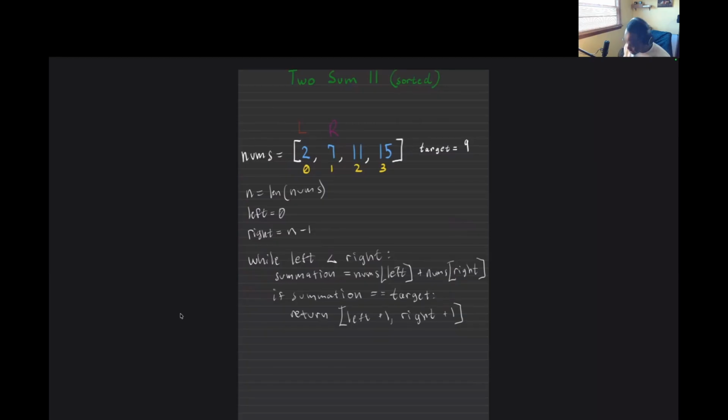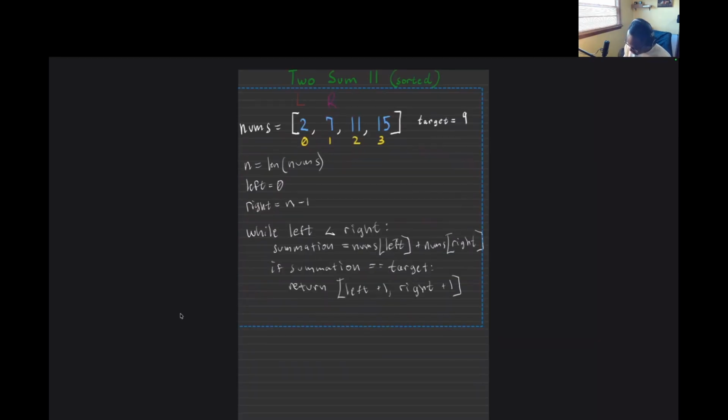Otherwise, let's say we overshoot, so the summation is greater than the target. Because this is in sorted order, like 2 plus 15 here, we have to decrement this one. We say right is equal to right minus 1.